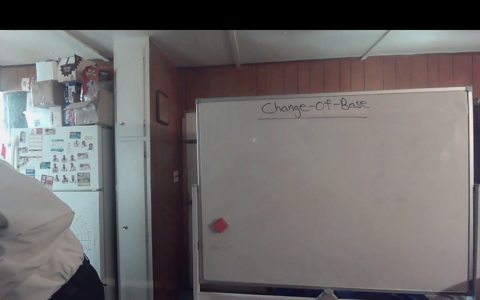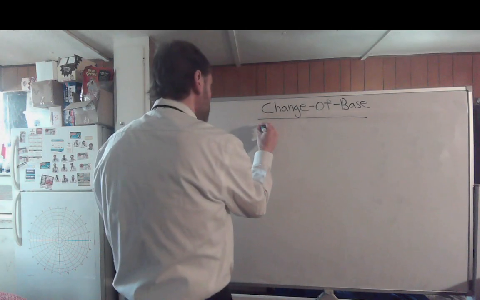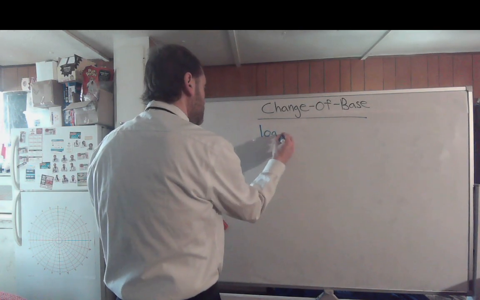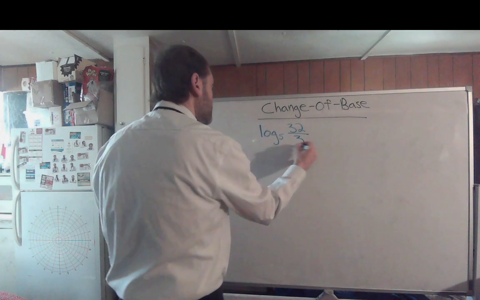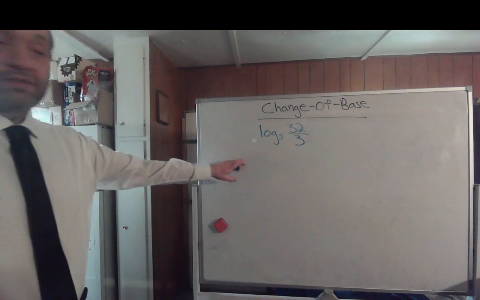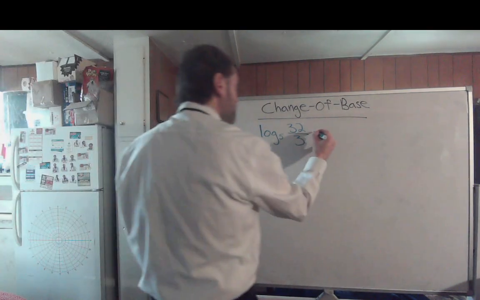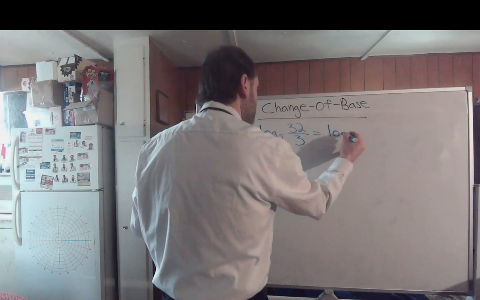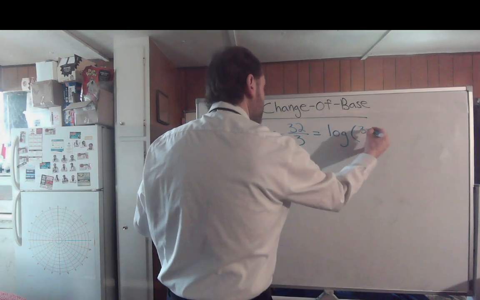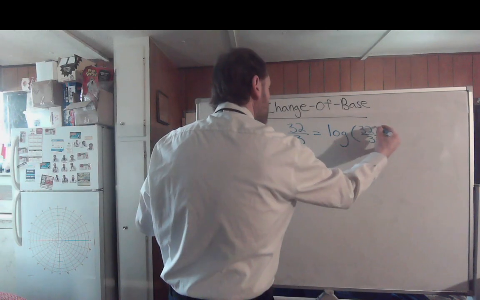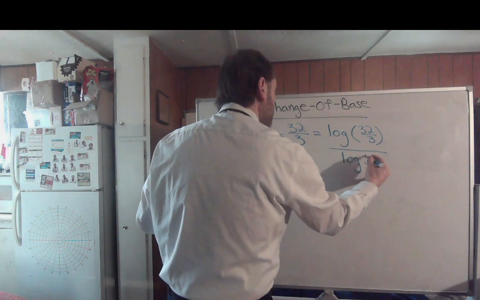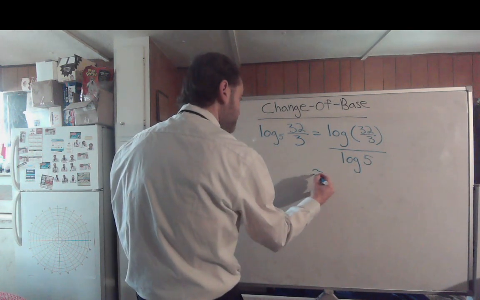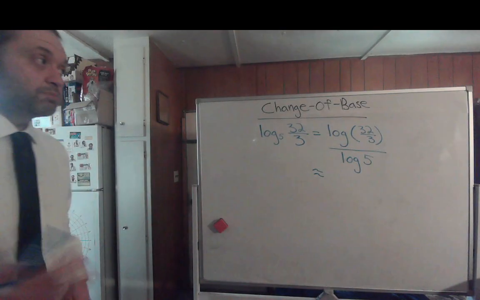And there's just one more. Log base 5 of 32/3. So we have log base 5 of 32/3. Well, we can make this the log of 32/3 divided by the log of 5. And then now we can find a 3 decimal approximation.